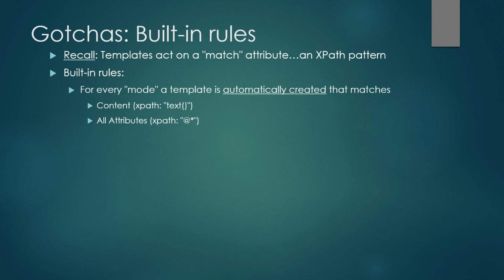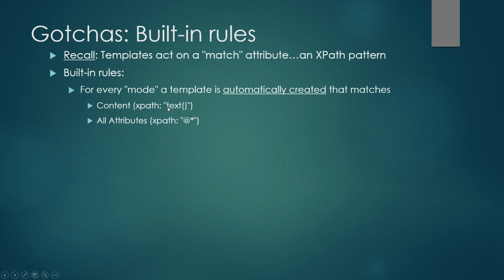Every time you create a template that has a mode, every mode automatically gets, even though you didn't type it down, a free rule for the XPath of text() and @*. Remember, @* would be any attribute. There's a couple of other ones too about comments, but these are the two that really trip me up. Okay. Now notice there's nothing before and after the text.